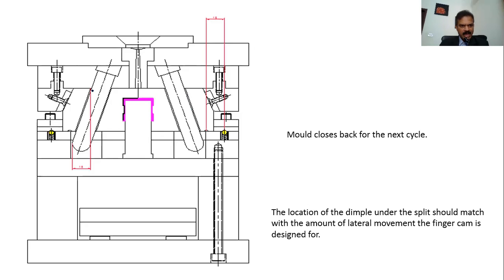That means how much movement the finger is going to cause on this particular slide is this here, right? This is the place where it is going to move up. So it will keep on pushing on this surface. That means you will have a lateral movement equal to, like in this case, 18 millimeter.